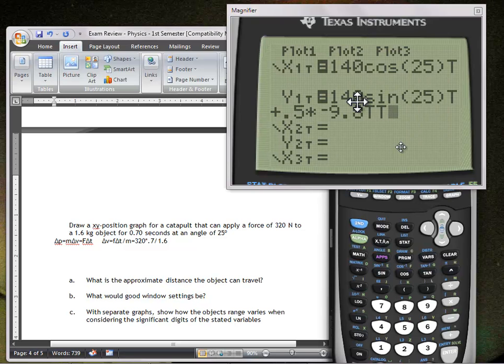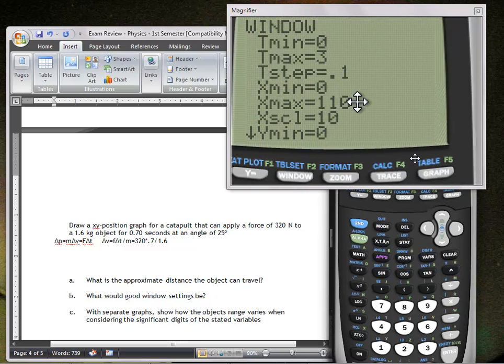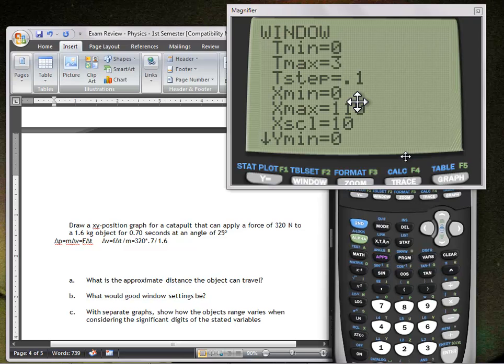So if we just hit graph right now, I don't know what we'll see because I don't have any clue about window settings. So I'm going to go ahead and press the window button, and right now it's kind of a guessing game as to what window settings I'll use. I'm going to estimate that 10 seconds worth of flight will be enough, and 140 meters per second is pretty fast, so I wouldn't be surprised if it goes at least 200 or 300 meters.